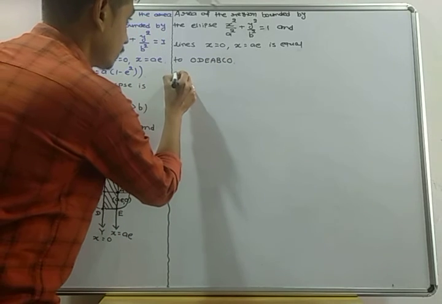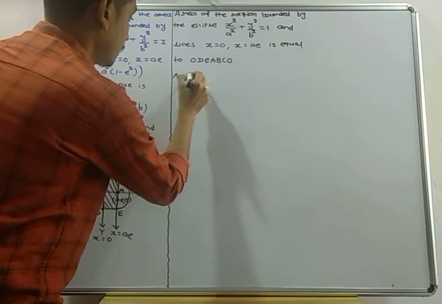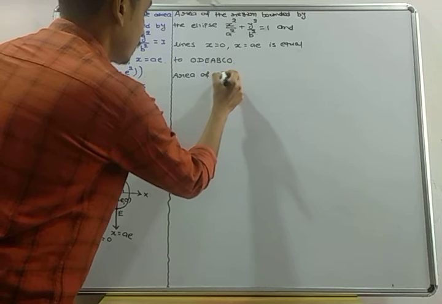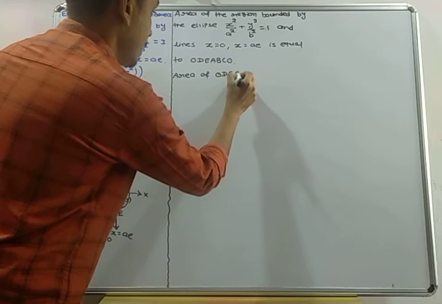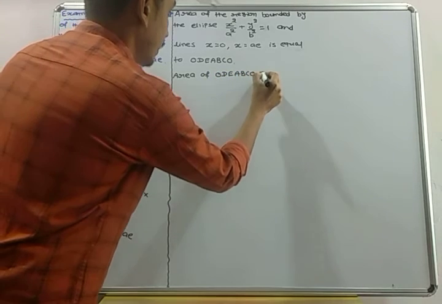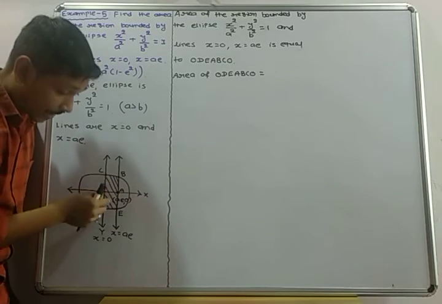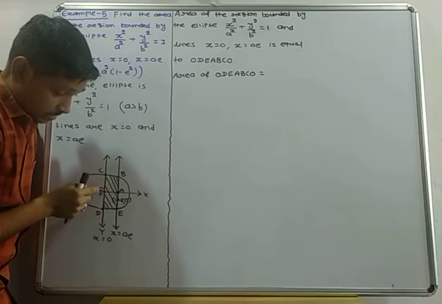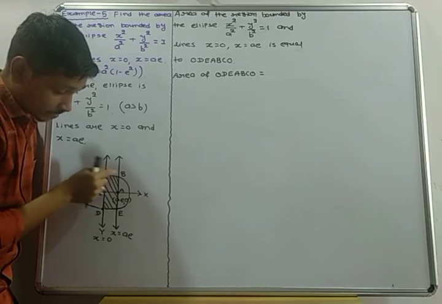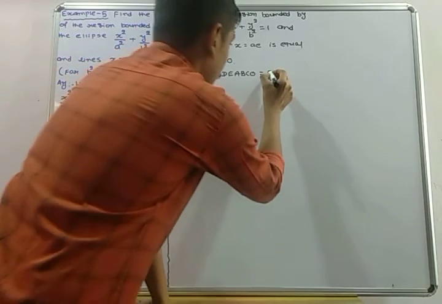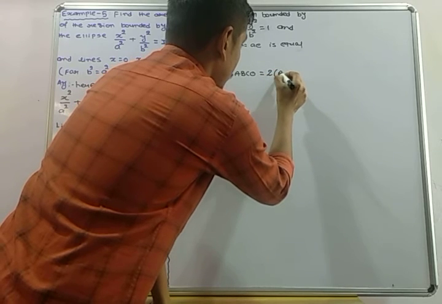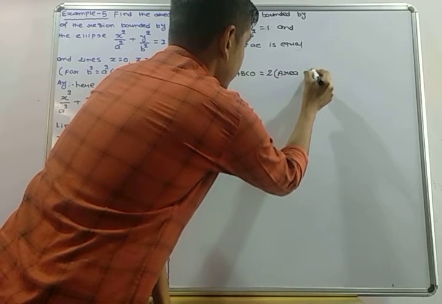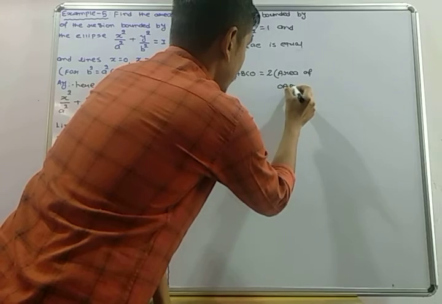Now area of ODEABCO, so this whole part is equal to finding any one part and then double, so area of ODEABCO equal to 2 into area of OABCO.